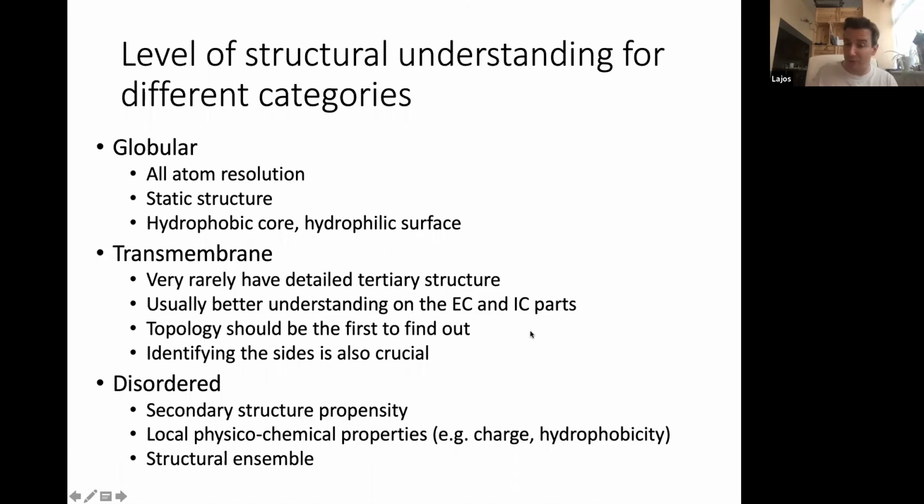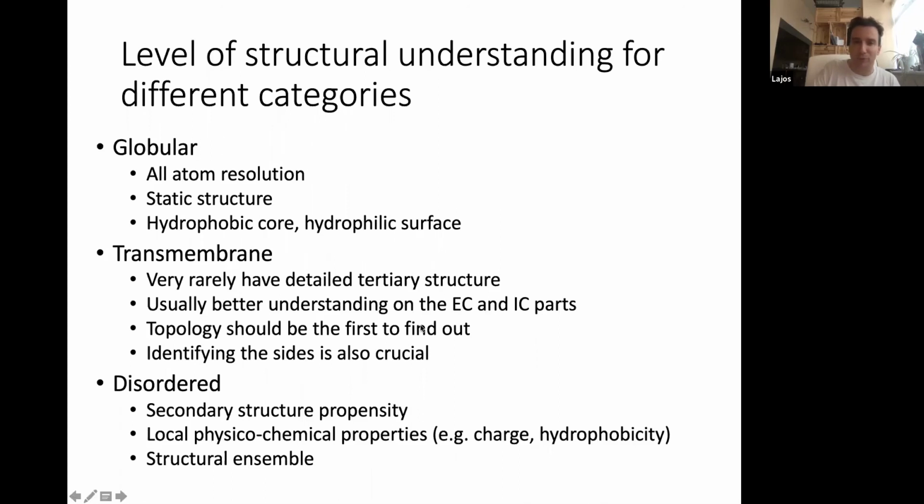Even if you are working with transmembrane proteins, you don't have to be very sad, because there are many parts that should be known already. Big domains outside, inside, as globular domains, probably have a structure known already.